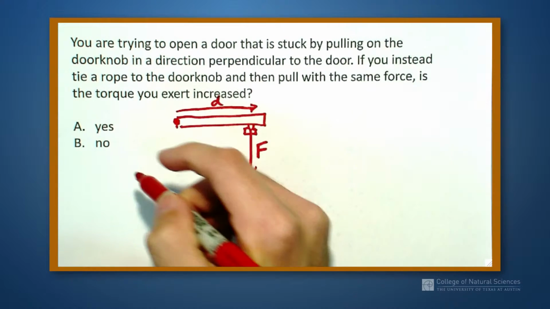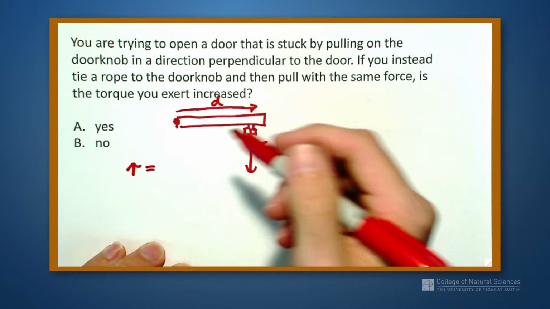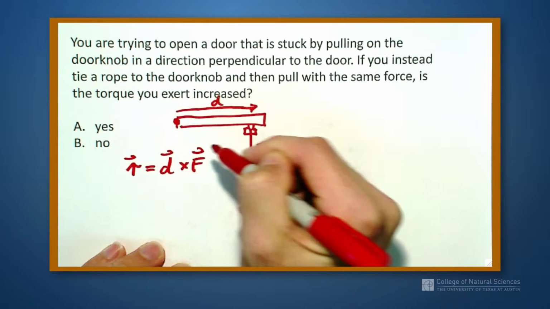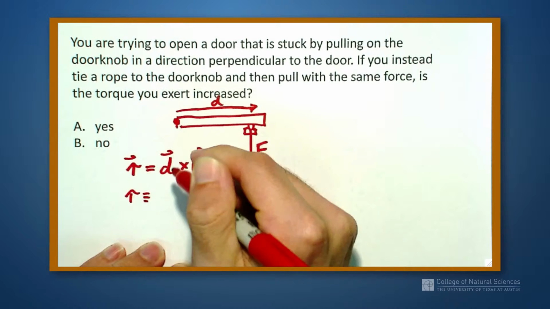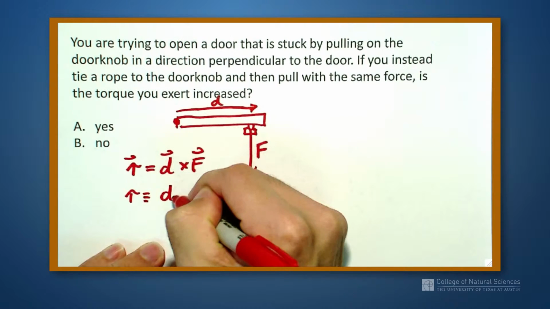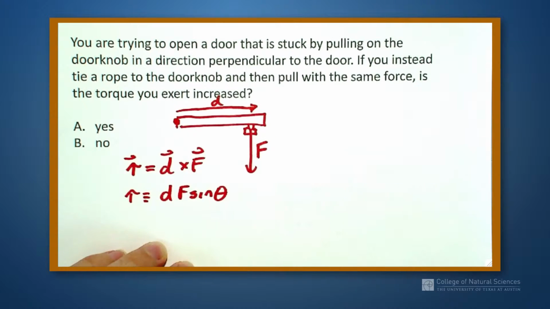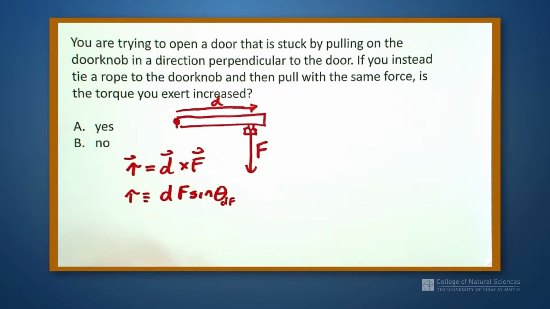In order for me to calculate the torque, I know that it is equal to d cross F, or the magnitude of my torque is equal to dF sine of theta, where theta is the angle between the displacement vector and the force vector.